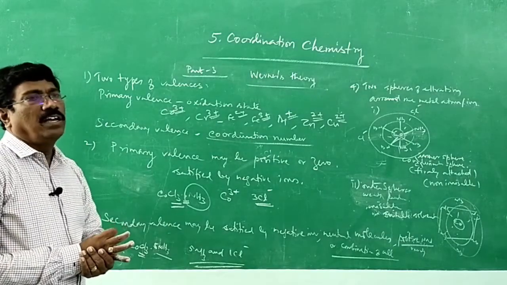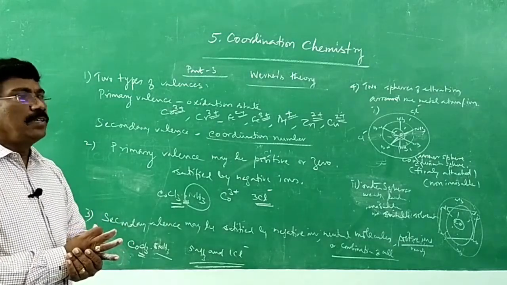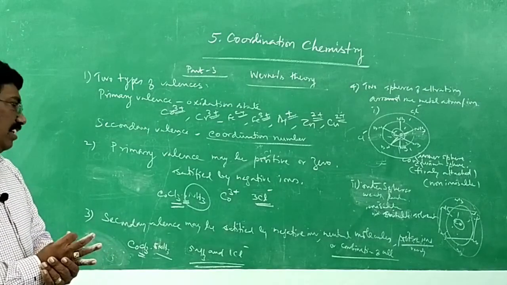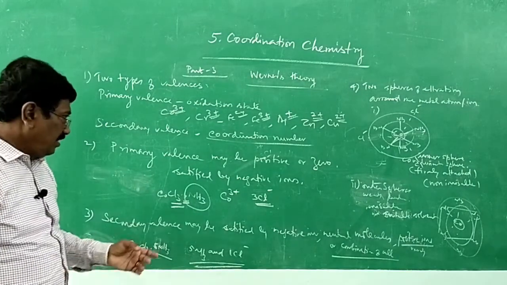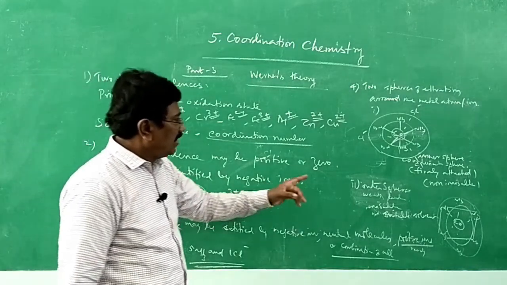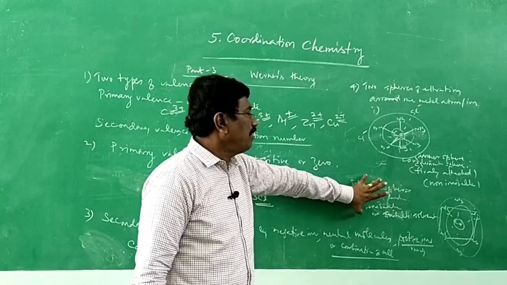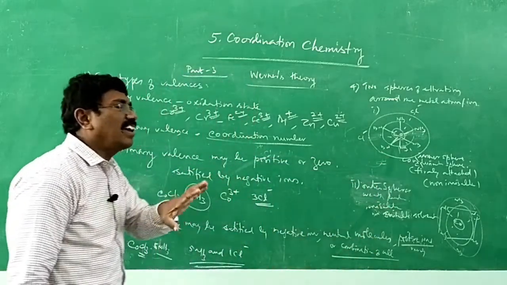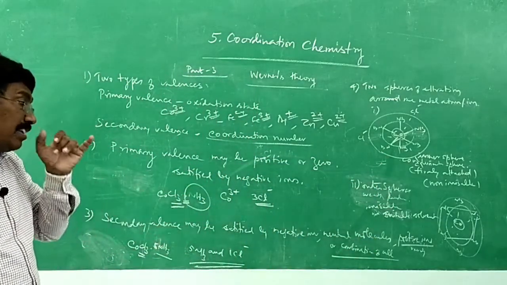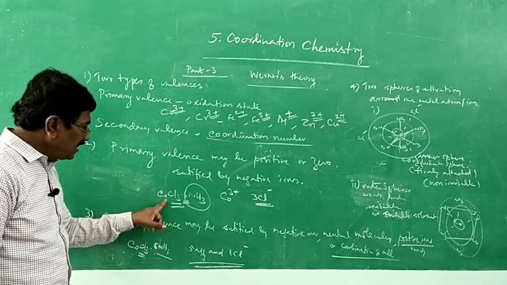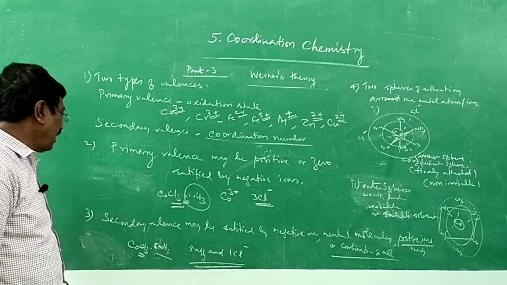Then a last point. Primary valence is non-directional, whereas secondary valence is directional. For example, here 6 ligands are attached.